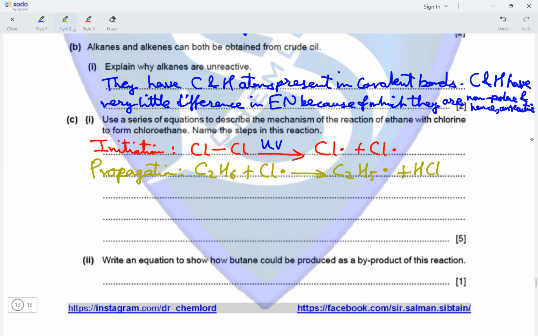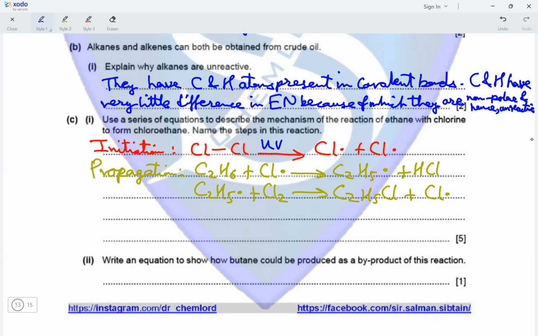The C2H5 free radical would attack a molecule of chlorine, producing C2H5Cl, which is chloroethane, and producing a chlorine free radical in the same process. So in these two propagation steps, we have produced chloroethane, which was the requirement of this question.